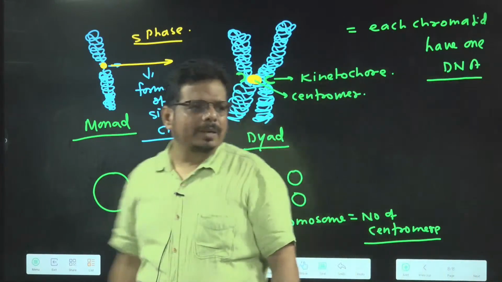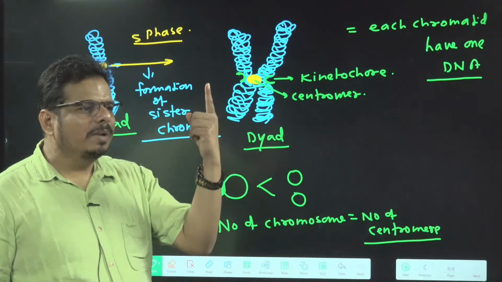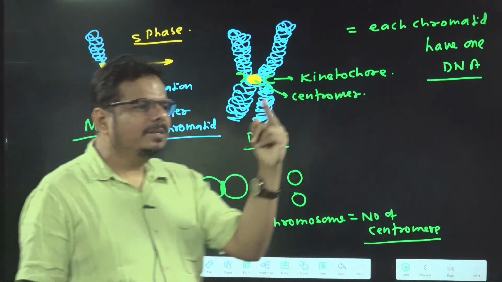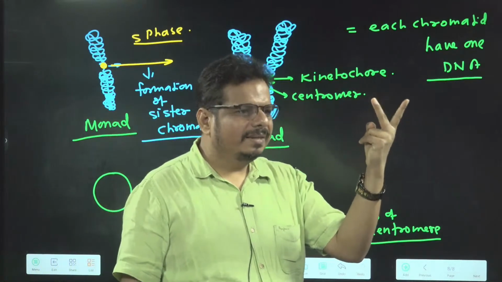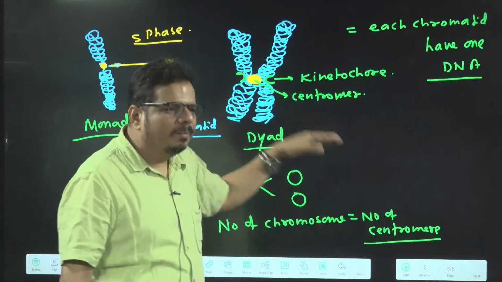In a chromosome, the number of DNA is variable. In G1 phase, 1 chromosome has 1 DNA. In S phase, 1 chromosome has how many? 2 DNA. And it is better to say not technically chromosome, but chromatin.